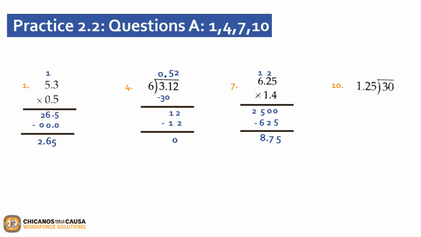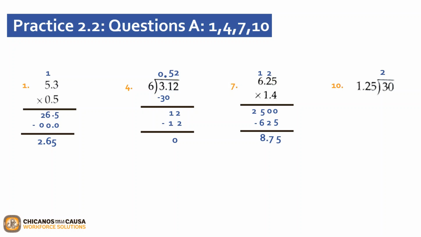Last question. We are going to divide 30 by 1.25. Now, we know that we can technically divide 1.25 into 30. However, to treat it as a whole number, just like 30, we're actually going to move the decimal point so that we really have 30 being divided by 12.5.